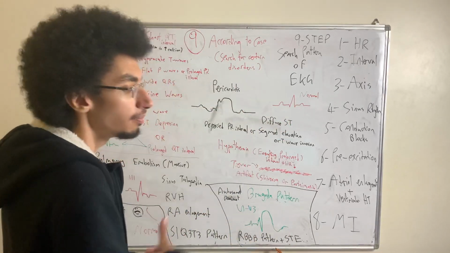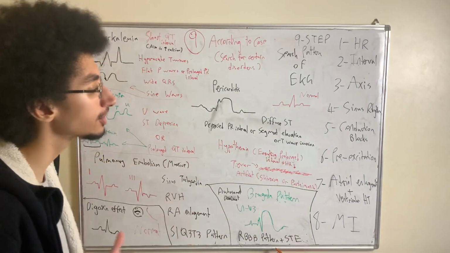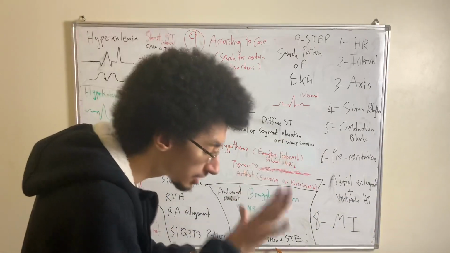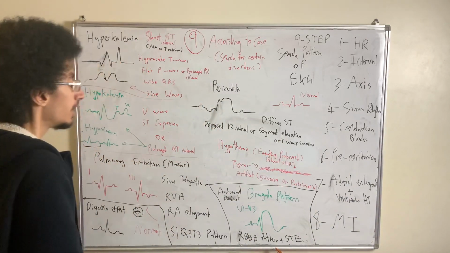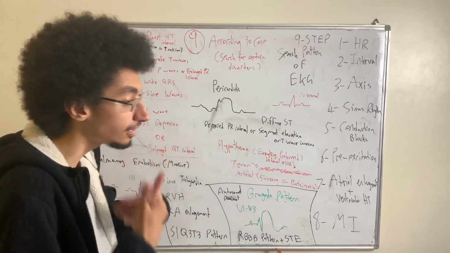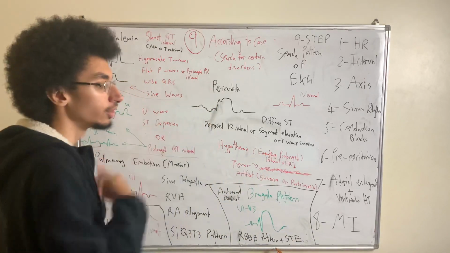The QRS may be widened. So in hypothermia, every interval, every segment, can be prolonged. And the heart rate can be slowed down. It can be decreased. And that occurs because in hypothermia, everything goes down. When you have hypothermia, everything in your body slows down, and that's including the heart.